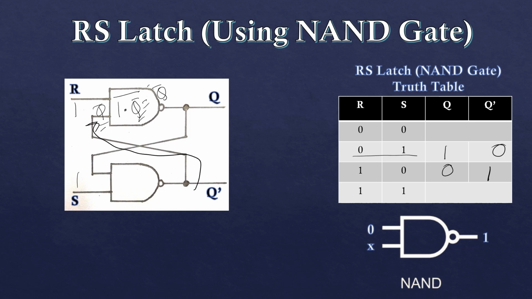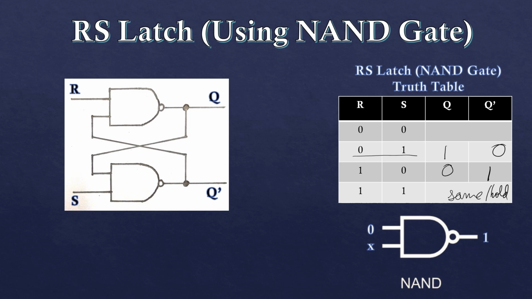That is equal to Q bar whole bar, that is Q. Now this Q will go to the second NAND gate, which does 1 into Q whole bar, that is Q bar. So this Q bar will once again go here and the same thing is balanced. So your RS latch is once again balanced. You can see Q remains Q itself and Q bar remains Q bar itself. The output which it had previously is the same as the output in the future. So we'll write same or hold.